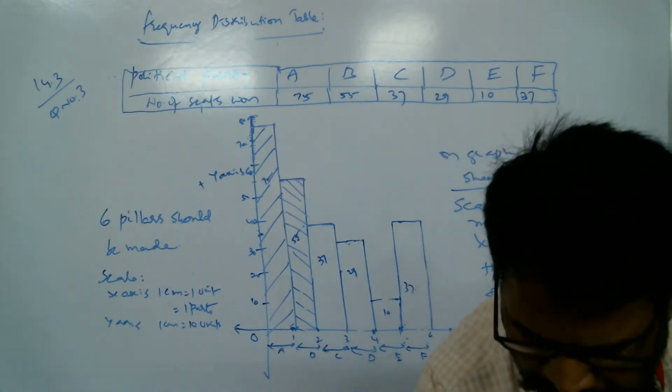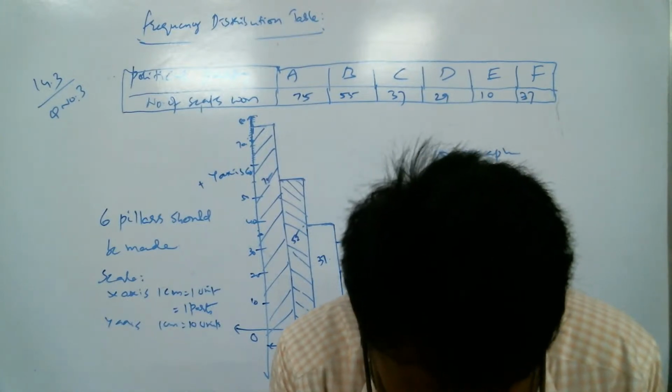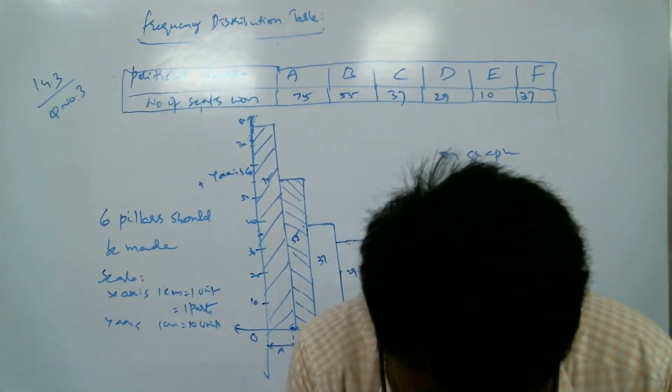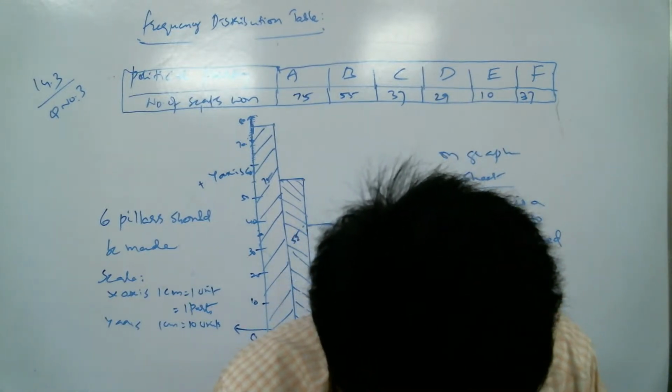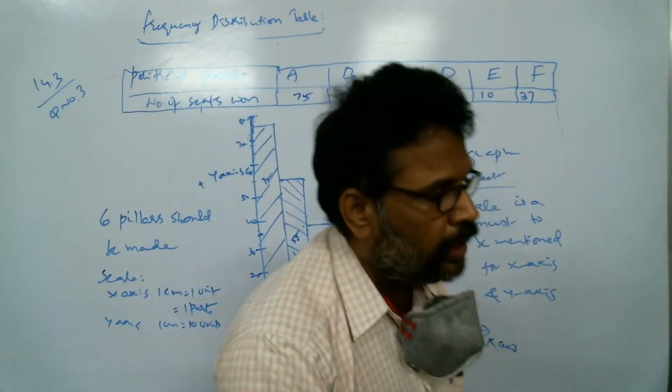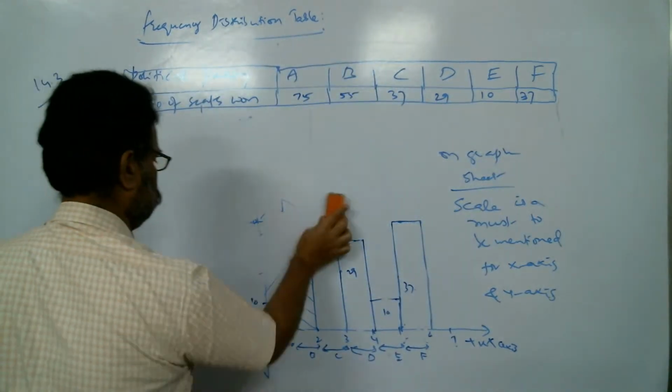Which condition is the major cause of women's ill health and death worldwide? Which condition is the major cause? So, what is the highest you see among all the major causes? Reproductive health conditions. I'll erase this part. Okay.